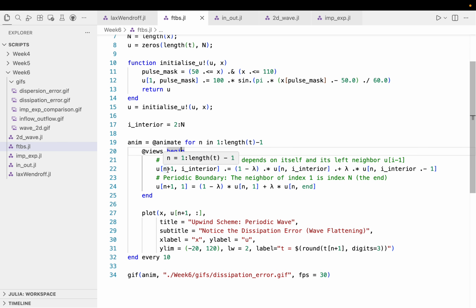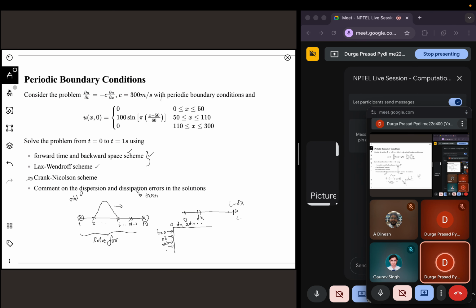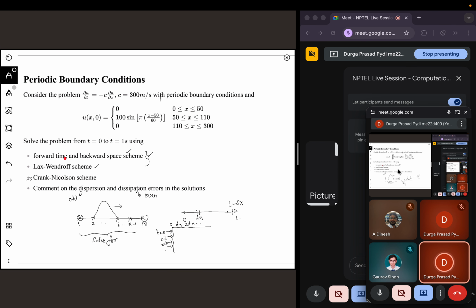We have the forward scheme where u_i^(n+1) is basically (1 minus lambda) times u_i^n plus lambda times u. Maybe I'll write it here so it will be clear. So we're dealing with forward time, backward space. So the scheme goes like (u_i^(n+1) minus u_i^n) by delta t is minus c times the backward scheme.